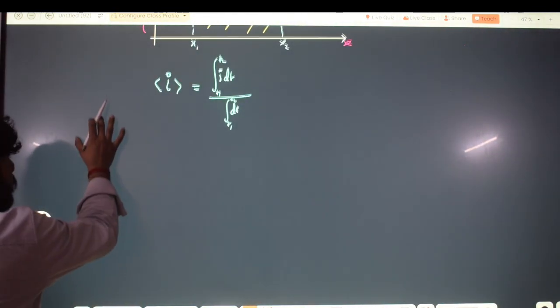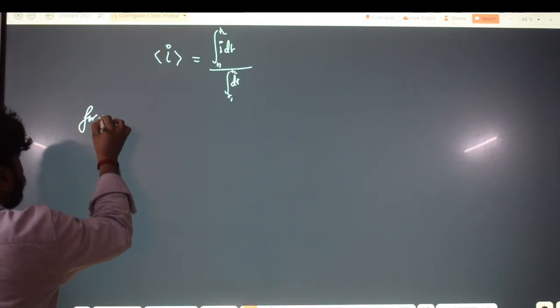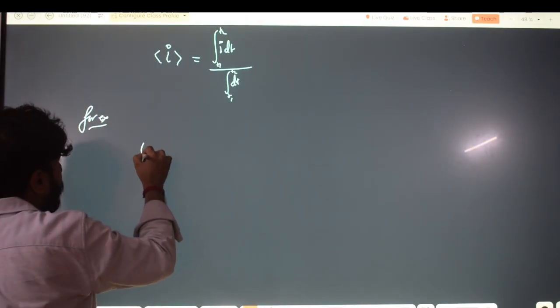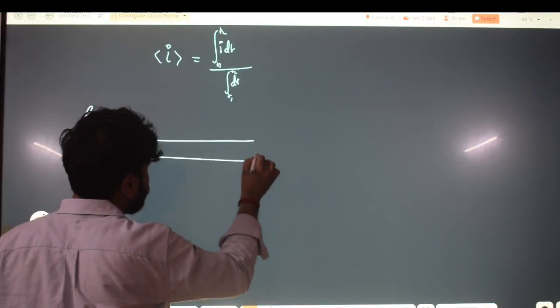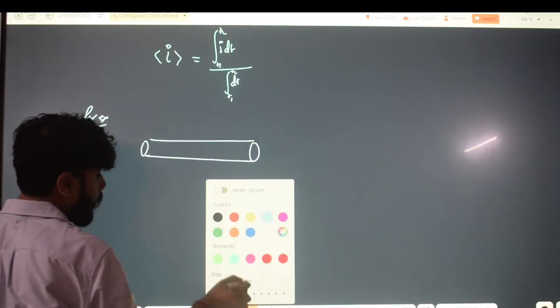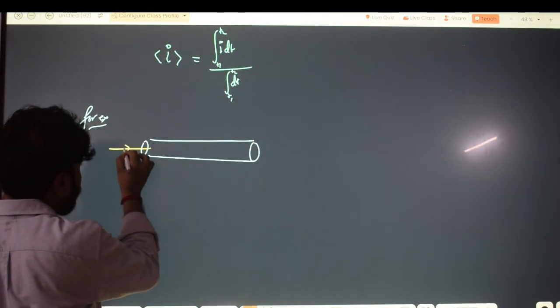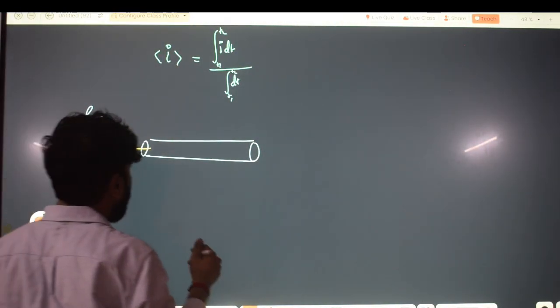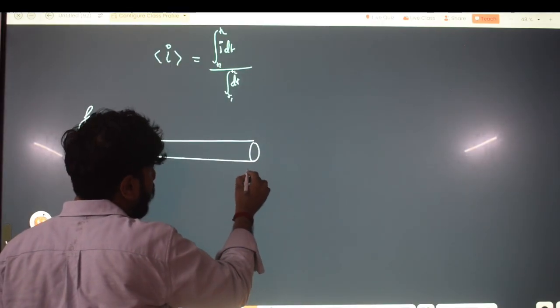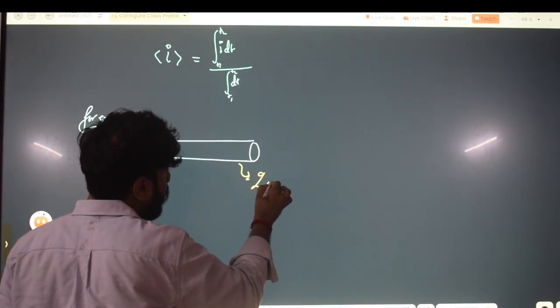For example, imagine a conductor, and let's say current I is going through the conductor, and the rate of flow of charge is given.